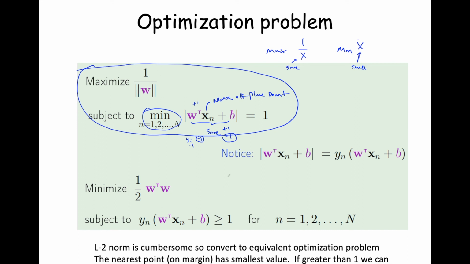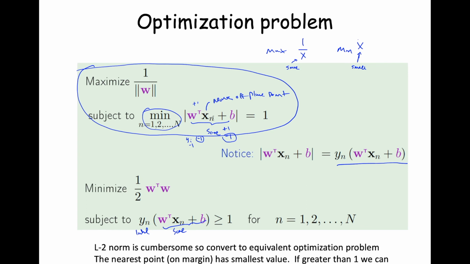And then our constraint here, we make use of this fact, and we have yn, the class label for xn, times the score. So this is the label times the score. And it's greater than or equal to 1. It's precisely equal to 1 for the closest point, because in this minimization problem, the solution is going to be the closest point, right? So we want the magnitude of the score for the closest off-plane point to be equal to 1, right?